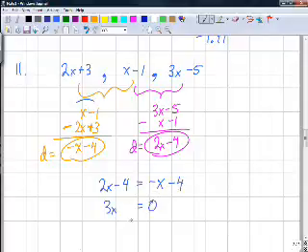And we started with a known point. We went up and over from there.